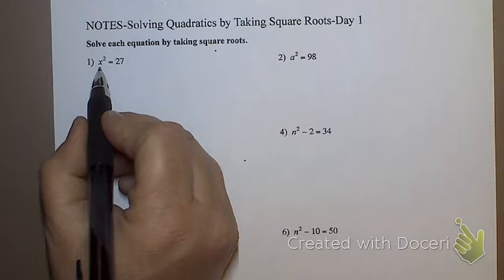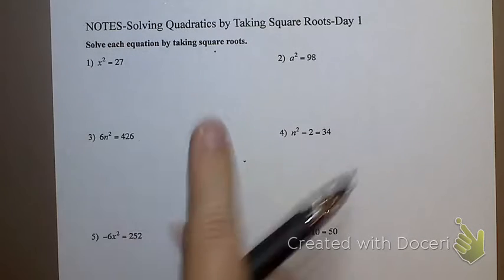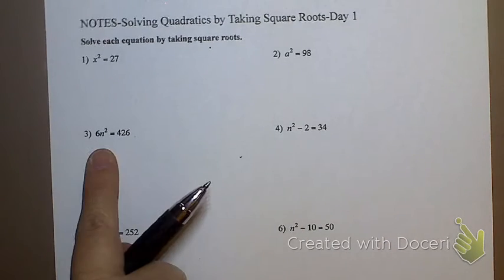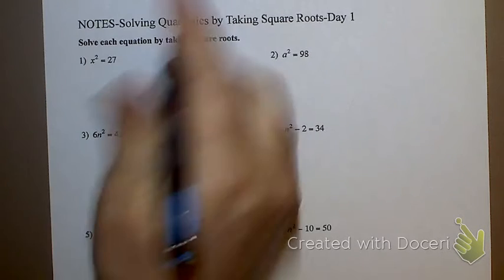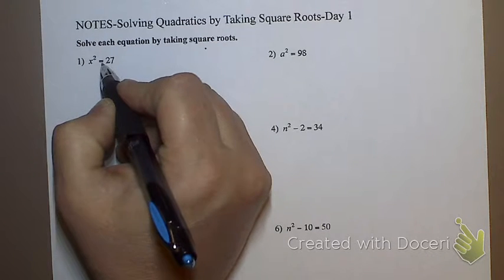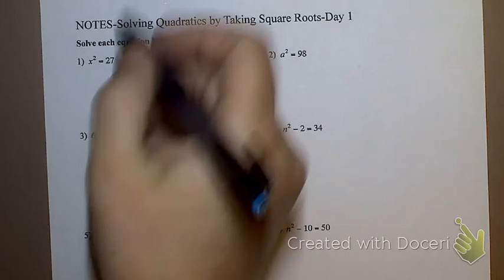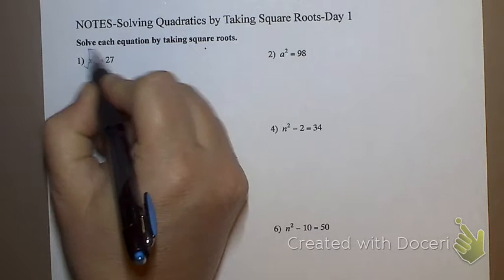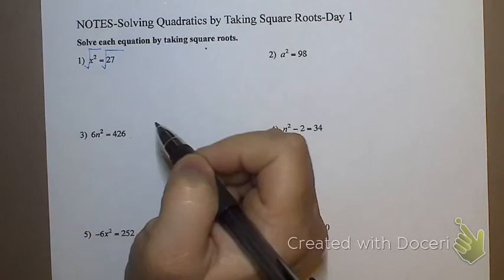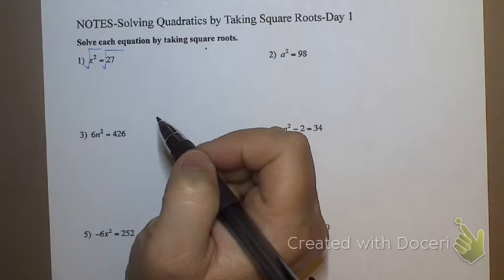Once I have x squared by itself, which in some of these I'll have to actually work to get, how do you think you make an x squared into an x? What was that? You square root it. So what cancels out a squared? A square root. So I have to take the square root of both sides.